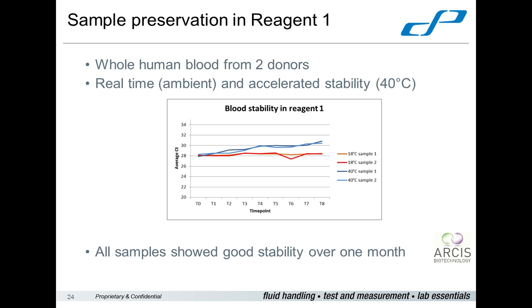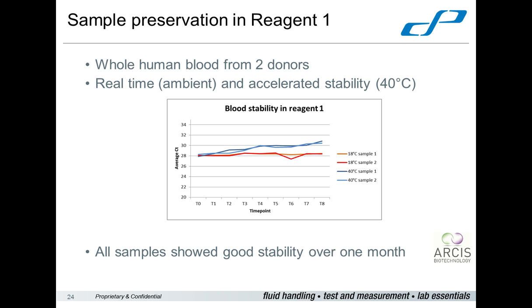Here are some data from human blood, again from 2 donors in our laboratory, and the same protocol was followed, in which we took a blood sample into reagent 1, either on the bench or in the 40 degrees C incubator. And in this case, we can see some drift in the CT value on the blue lines of the graph. They are the 40 degrees C accelerated stored samples, but the orange and the red traces are rock solid.